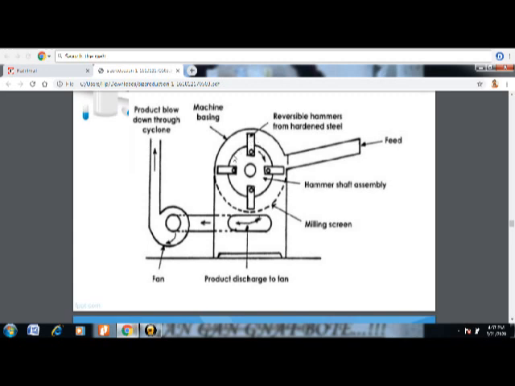Then next, the operation speed or the frequency, generally it is 80 seconds inverse. This is the frequency of this mill, and the operation depends on the diameter, and generally the diameter is 0.1 to 1 meter. So the bigger the diameter, the faster the action you will get.